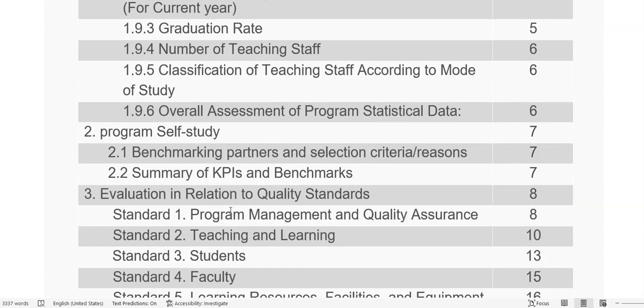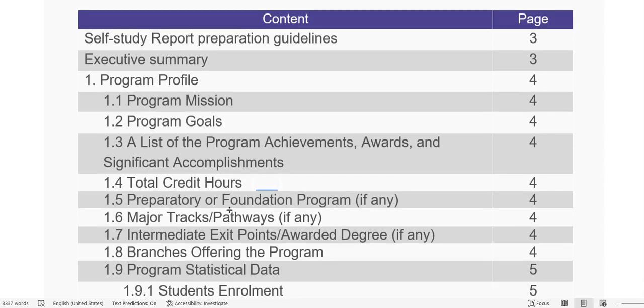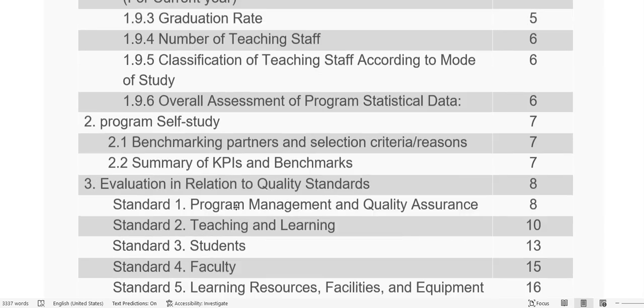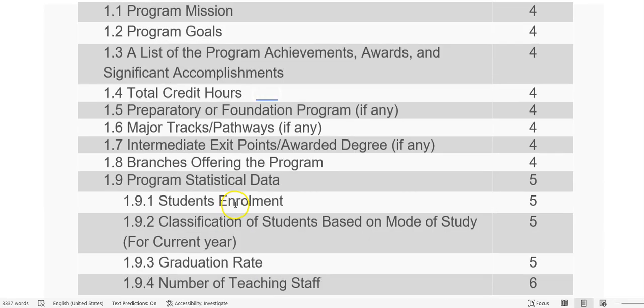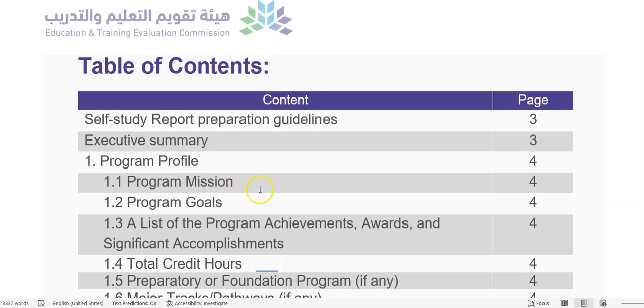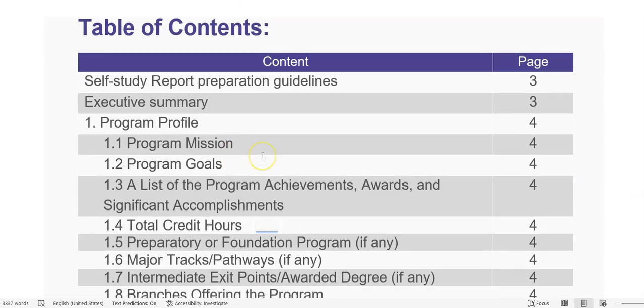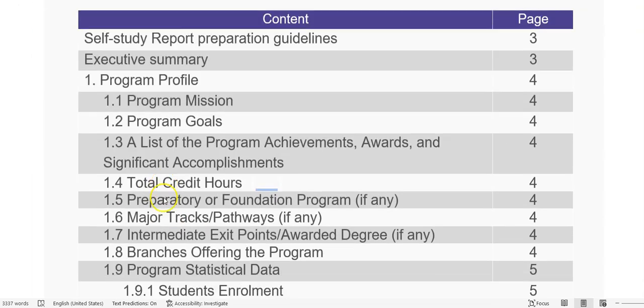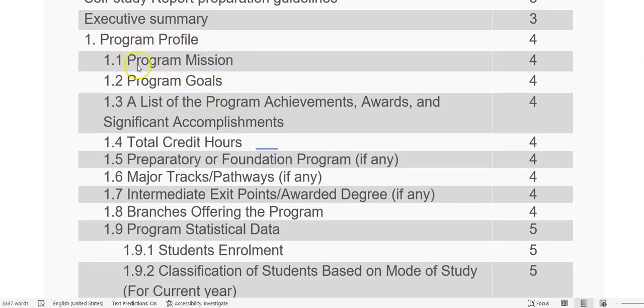We have here the contents. For your information, now you cannot update the contents because every title is linked inside the SSRP, which is good. You don't need to touch this table, but let's list the main information in this table of contents. First, the self-study report preparation guidelines, executive summary, program profile.